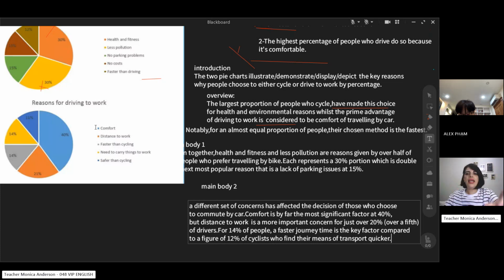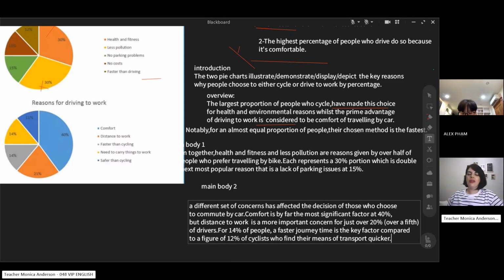For example, the next time if you see any pie chart, just use the words that I used and write your essay. It's okay. But task two is definitely different. That is related to you, how you think, if you want to express your opinion.